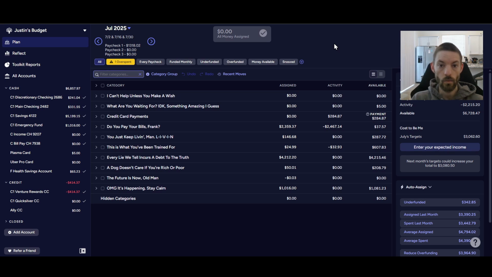But what actually prompted me to make the change is that a couple months ago, I was on Reddit reading through YNAB posts, and I came across a thread where people were talking about being forced to do a refresh or a restart, or whatever YNAB calls having to create a new budget.